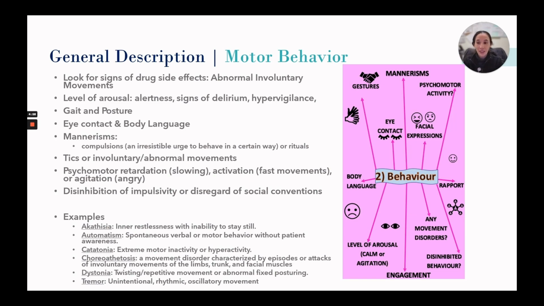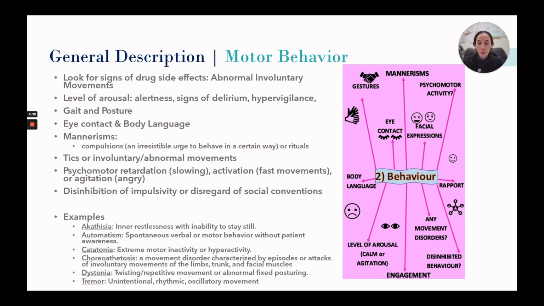We want to be assessing that. We want to assess their gait and posture, their eye contact and body language. If somebody is often looking behind you, they could be responding to external stimuli. We want to make note of that. Are they suspicious? Are they having suspicious body language? We want to make note of these things.